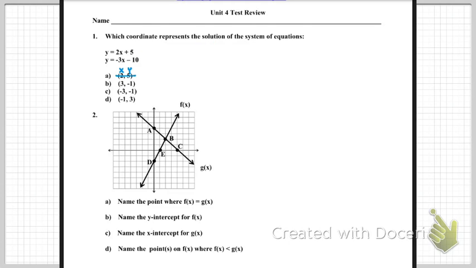Cross A out. So let's plug in 3 for x and negative 1 for y. Now I don't have to plug it into the second equation because it's already not true for the first. It has to be true for both to be a solution to the system.